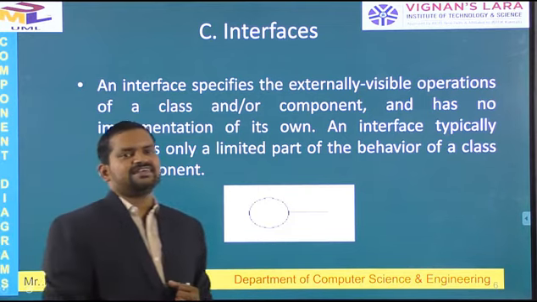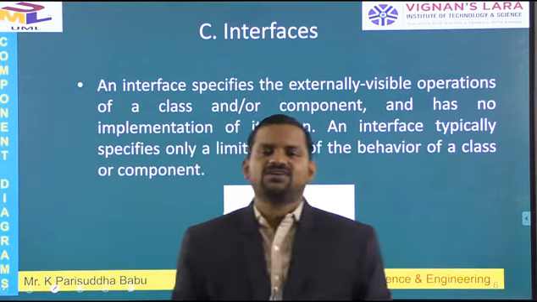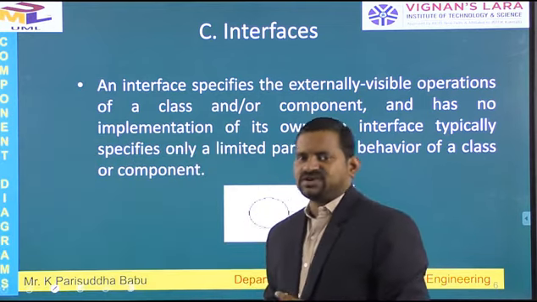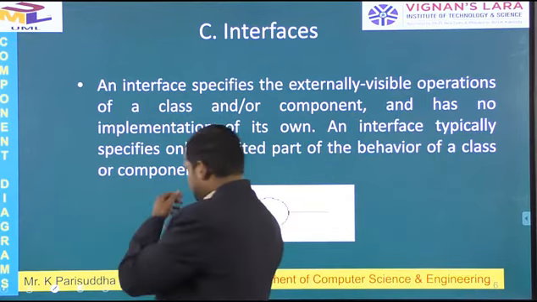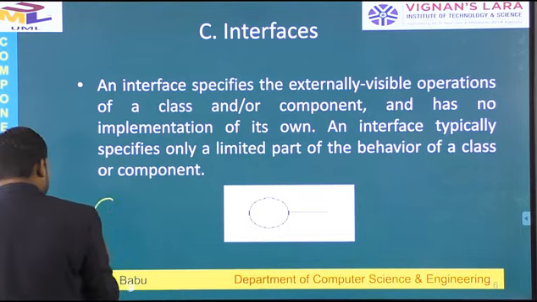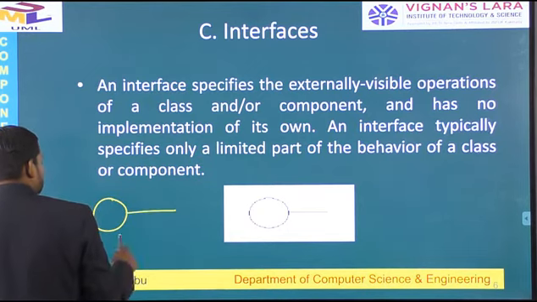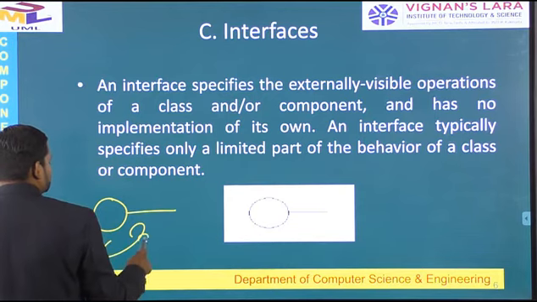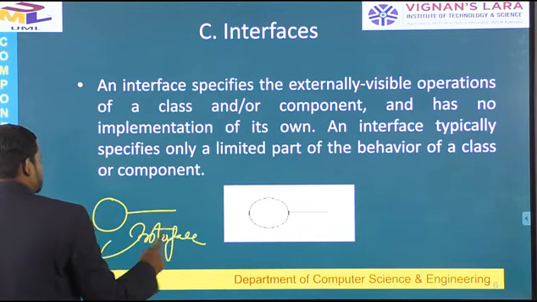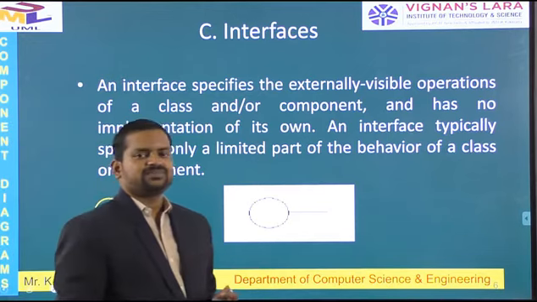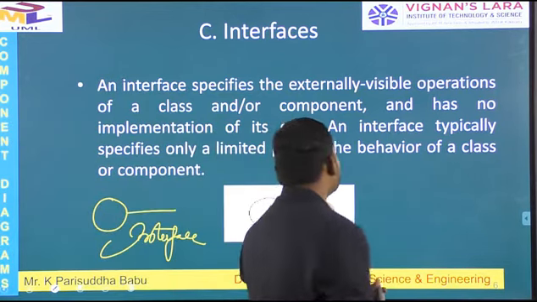Limited behavior, a limited part of the behavior of a particular interface, will be represented like this. The interface is represented as a circle with a connector. What is an interface?